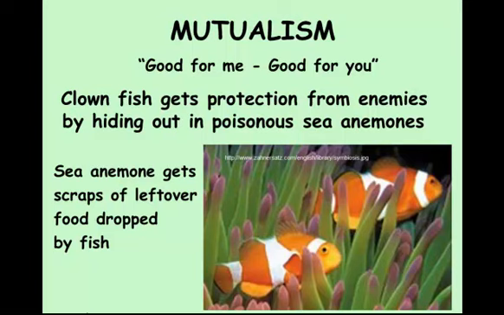But clownfish have special protection. They make a slime coating on their skin that protects them against the poison. And so they can swim in the anemones without being harmed. So it's a safe place to hide out because no one's going to go in after you and try to hurt you. Anemones, what do they get out of the deal?